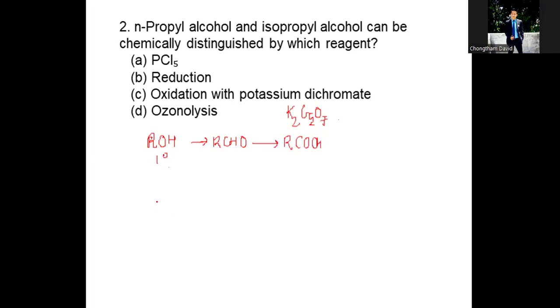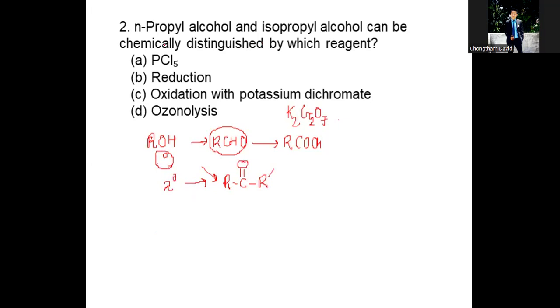Whereas the aldehyde will change to ketone only when the alcohol is no longer primary. If this is secondary, it is changed to ketone, not aldehyde. So from this, you can easily answer the question.